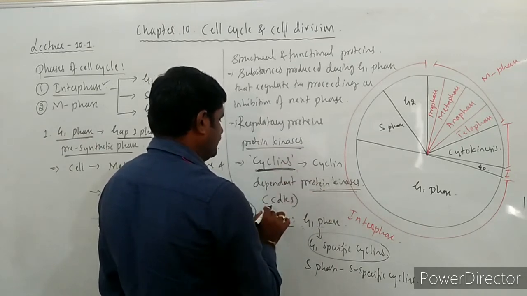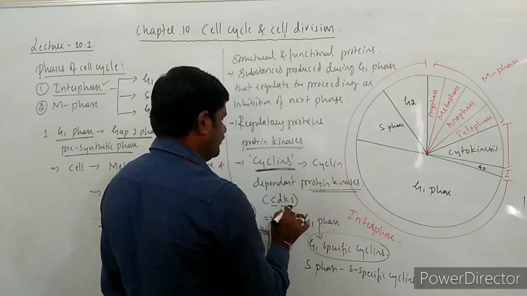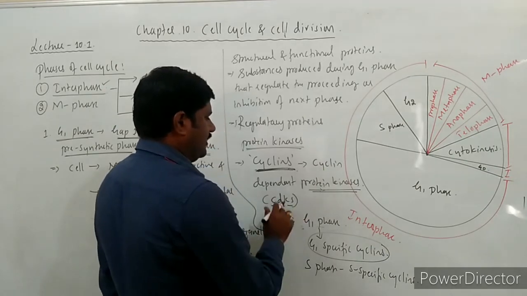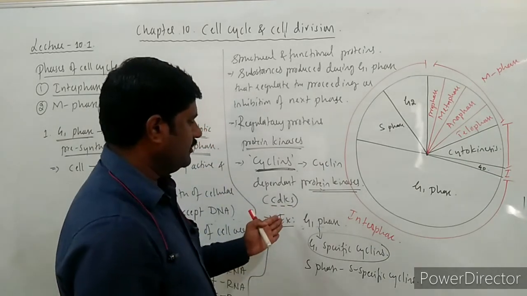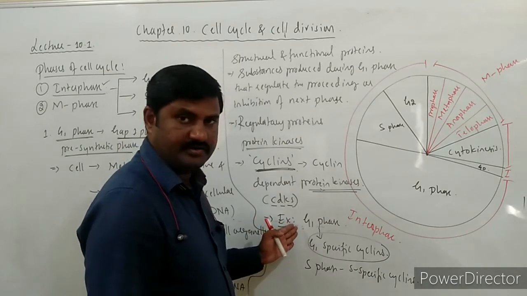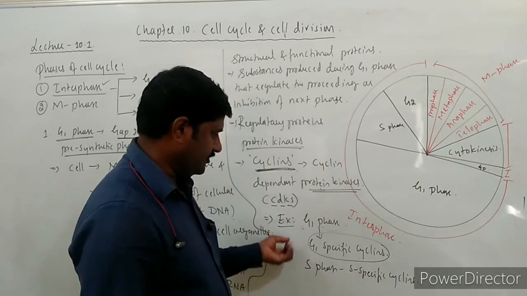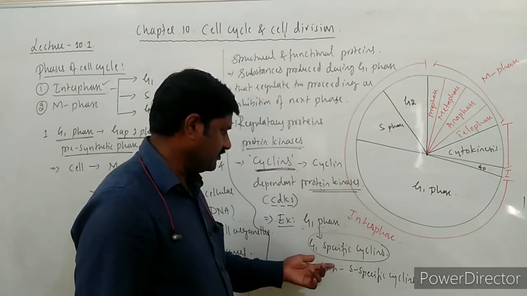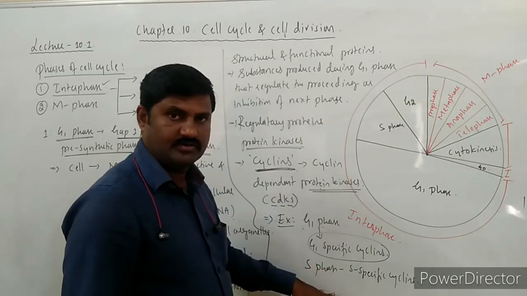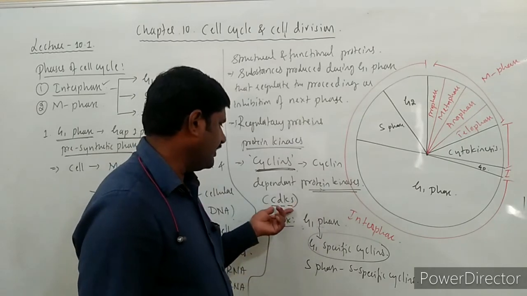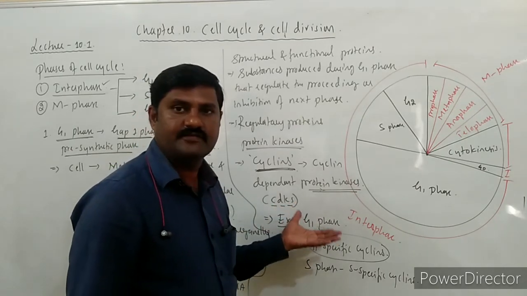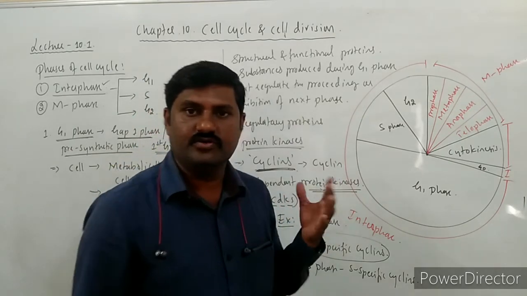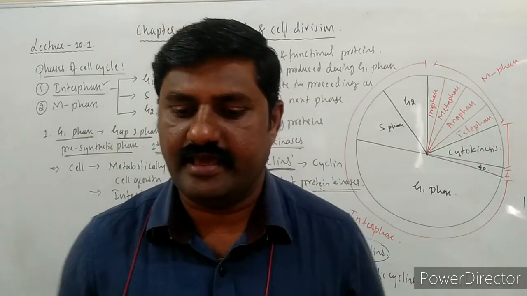Hence these are called as cyclin dependent protein kinases, and so they help in going to the next phase. So they stimulate each phase from G1 to S phase. If they want to go, then they depend on CDKs itself. This is the fact what you must remember in this case.